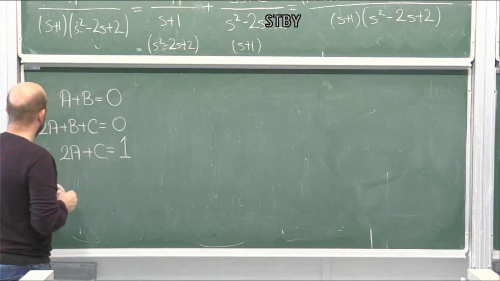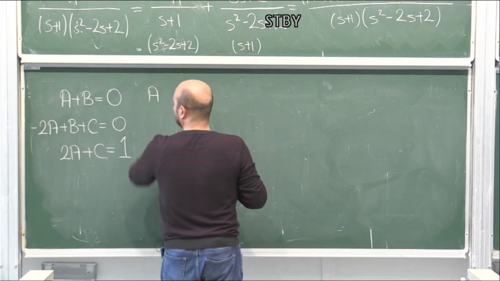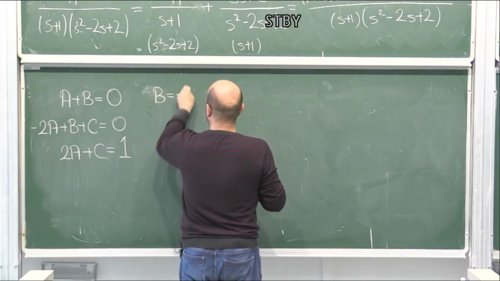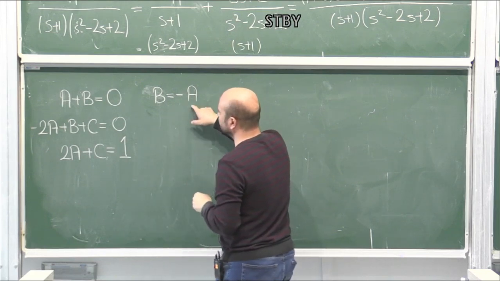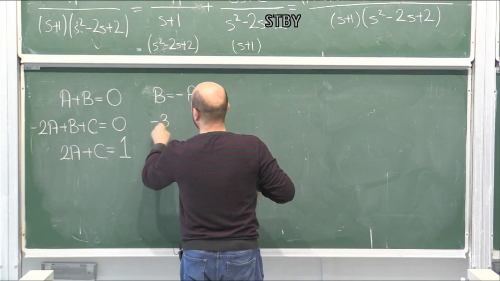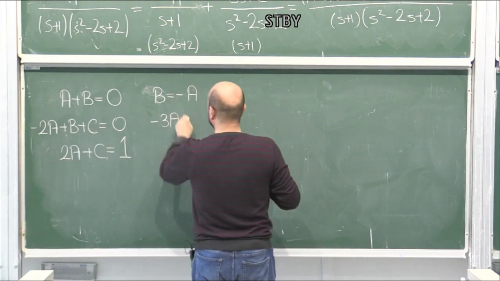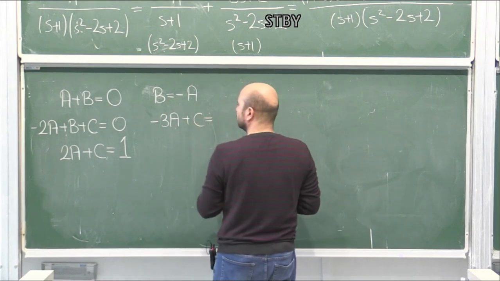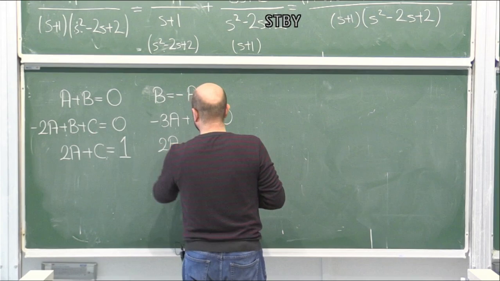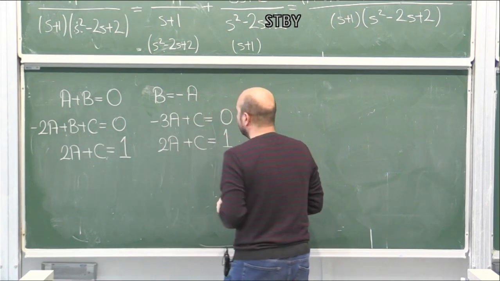All right, from this, b is equal to minus a. If you put this into the second one, we get minus 3a plus c is equal to 0, and we have 2a plus c is equal to 1.